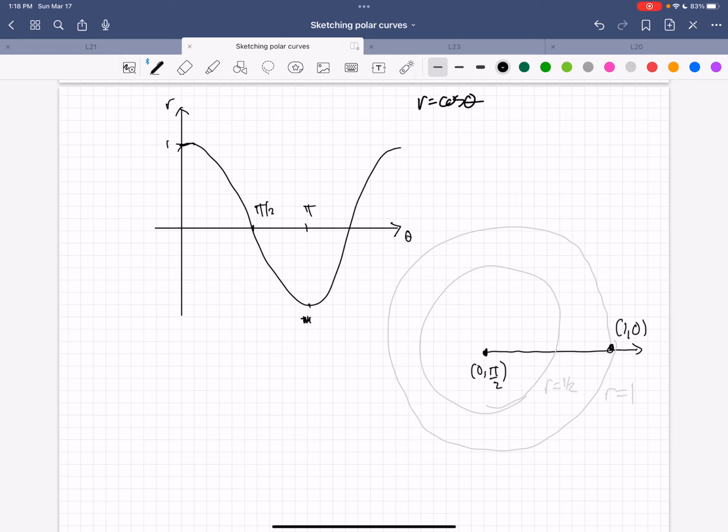If we look at pi, we get -1, pi, which is the same thing as 1, 0, so that's not useful for sketching, and same with the rest of these main points.